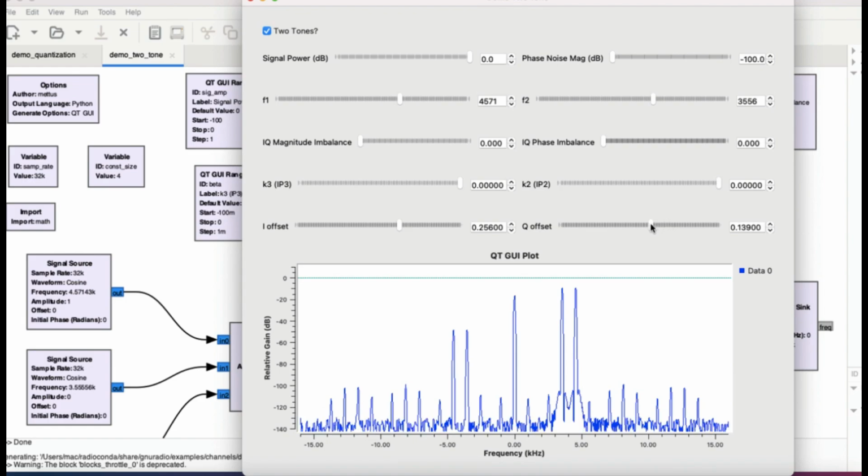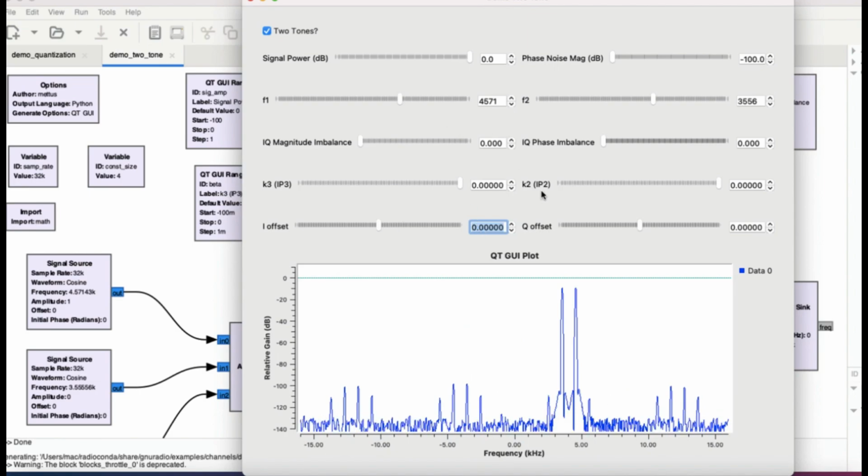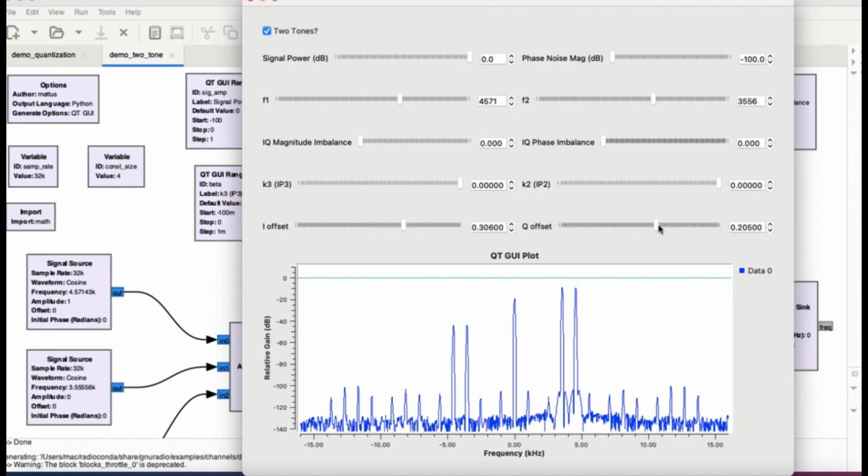So for example, if this is 0, let me change this to 0, and let me change this to 0. You were not seeing that DC spike at 0. You were just seeing your components at 4500 and 3500. When you start increasing these IQ components, you automatically start seeing a spike at DC, at 0 hertz, and this is at 0 hertz.